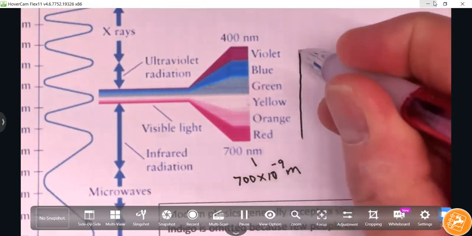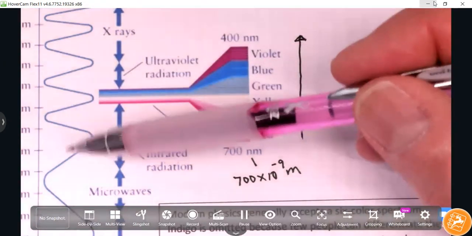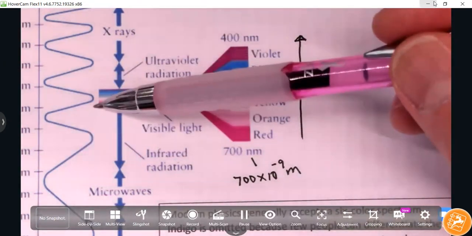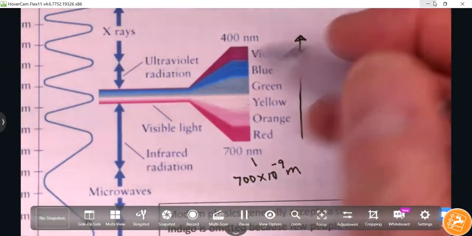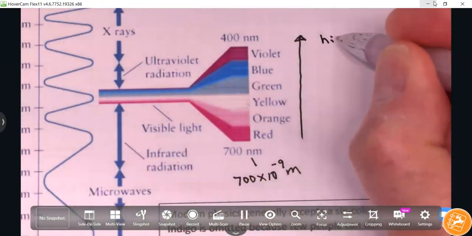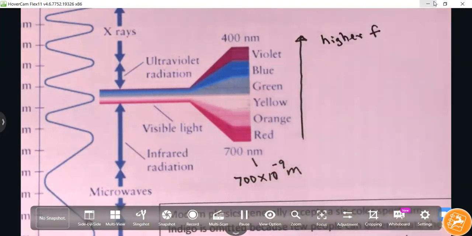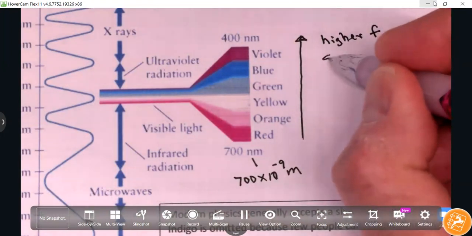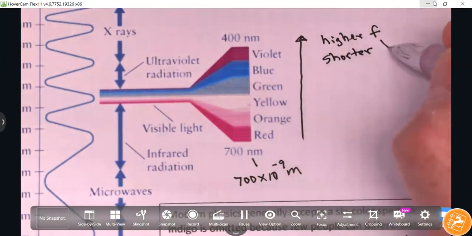As we go this way, just looking at my wave over here, what is increasing and what is decreasing? As we go this way, there are more waves packed in. This is higher frequency. This then is shorter. F is for frequency, and this is the symbol for our wavelength.